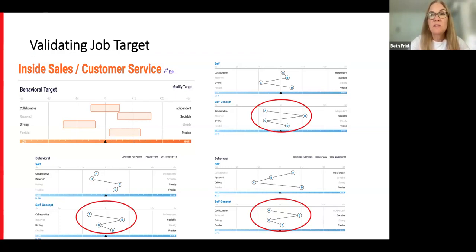Because if you're using job targets and you use the suggested ones, for example, that the system says, oh, we have for inside sales, use this inside sales one. It may or may not reflect your job. So you want to validate it using self-concept for some of the people who are in the job. Any questions on that one?